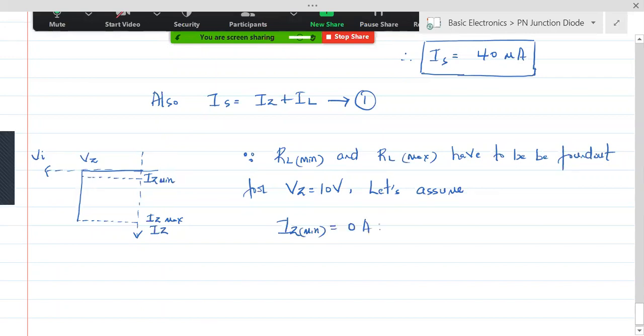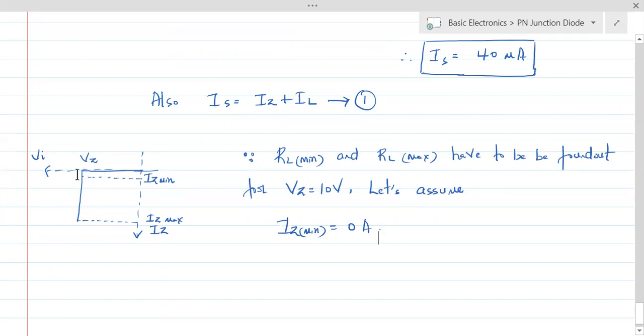This is the assumption we are going with. IZ minimum means it has some very small value, or we can say it is 0 also. So let's assume that IZ minimum is 0 to begin with.